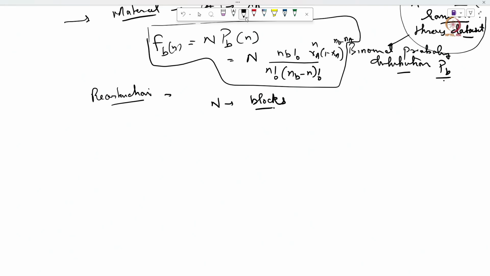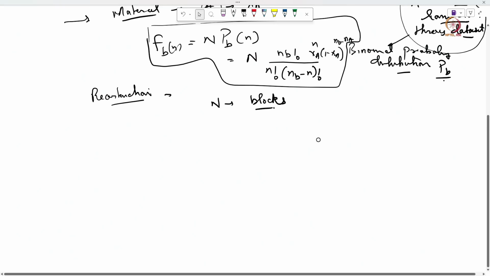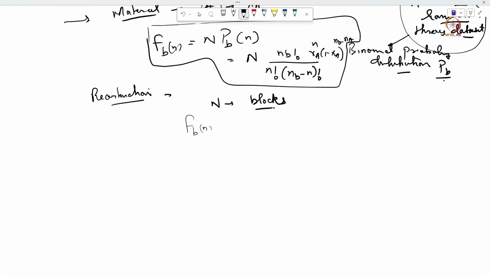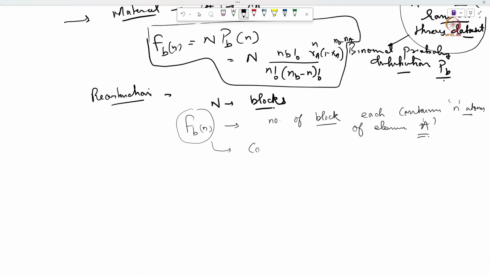Now FB(N) is the expected number of blocks each containing n atoms of element A. So this particular function FB(N) can be plotted in comparison to the experimental frequency distribution, which is E(N).